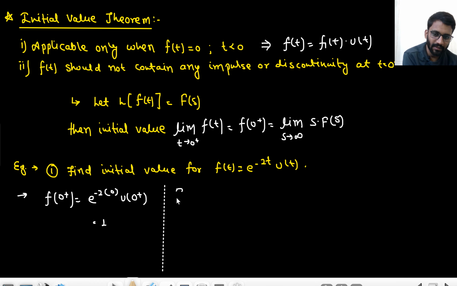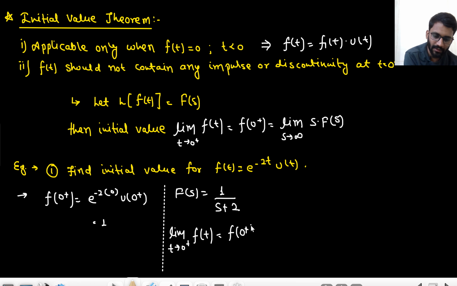What is F of s? F of s for this function is 1 upon s plus 2, right? So in time domain, f of 0 plus, or limit t tends to 0 plus f of t, would be equal to limit s tends to infinity s into F of s.